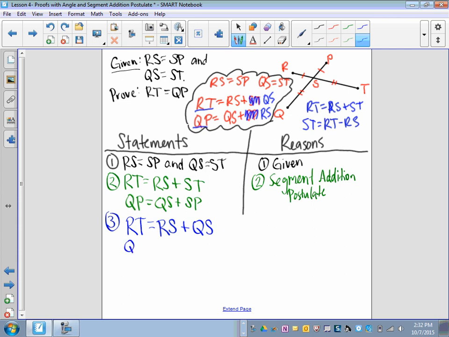And then I want my QP to be the same. So since I have QS, I'm going to keep my QS, and I'm going to change the measure of SP to be the measure of RS.